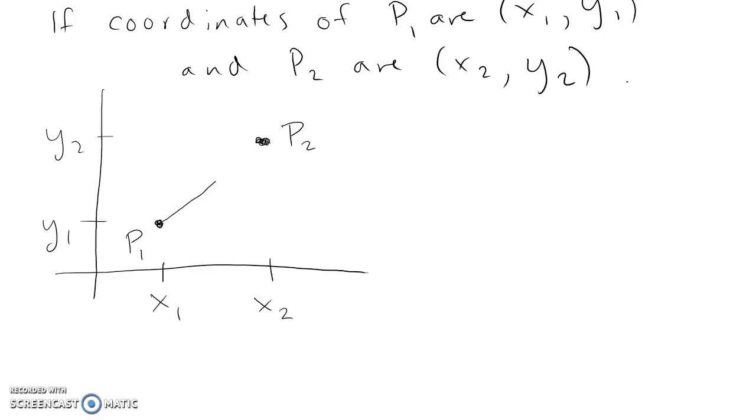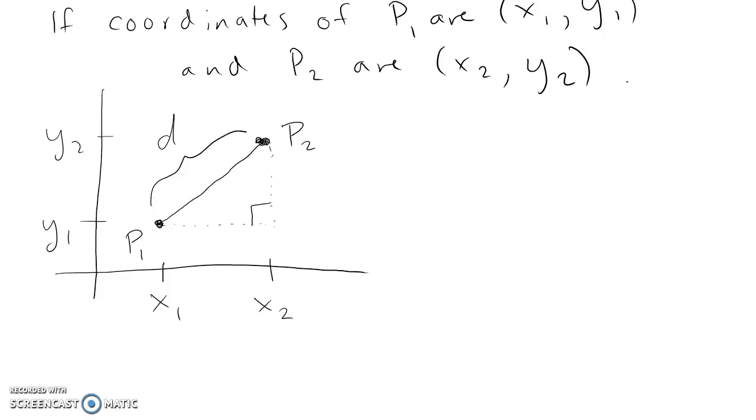Here is a line segment, and I'm going to try to find the distance, or we can also call that the length of the line segment. We're going to call that d. Now if we draw a dotted line here and here, we can create a right triangle.